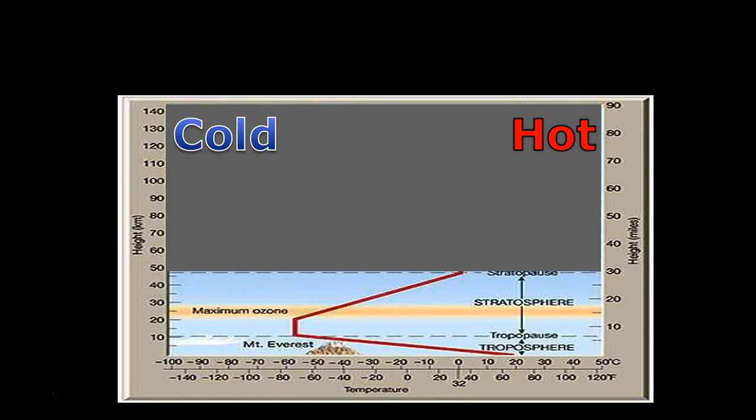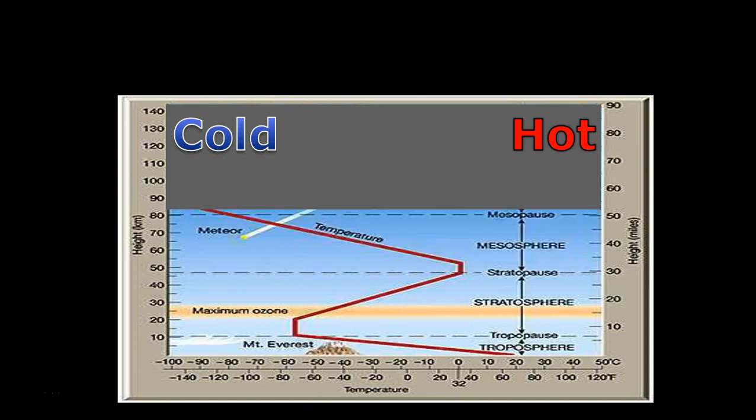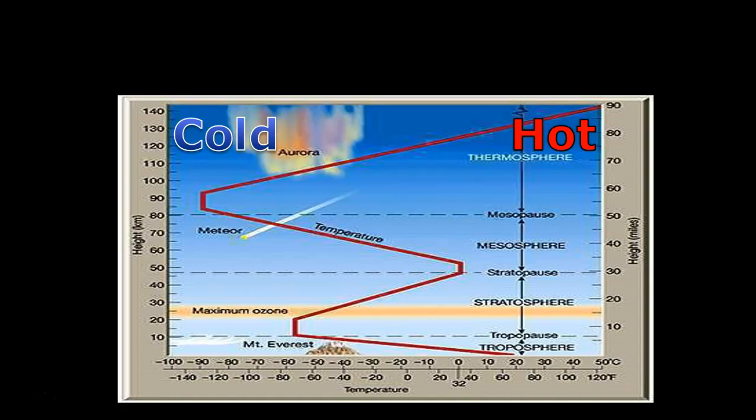Once we get closer to the ozone layer and then go past it, we're going to get warmer. And we get warmer here because the sun's radiation is not being blocked out. As we continue to go up, we're going to get cold again because we're getting closer to space.